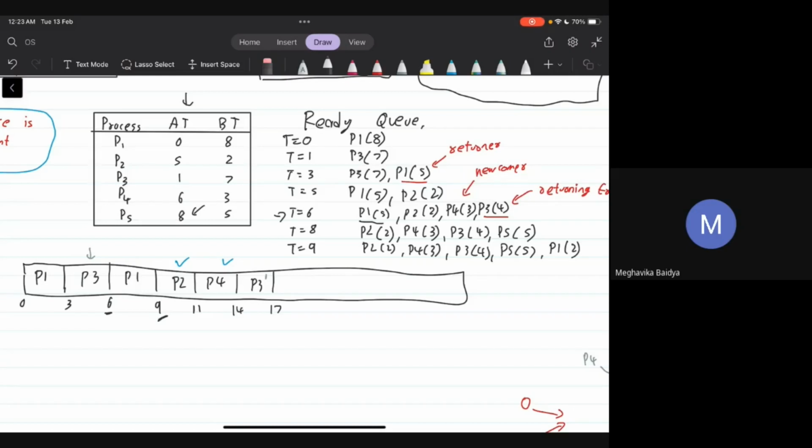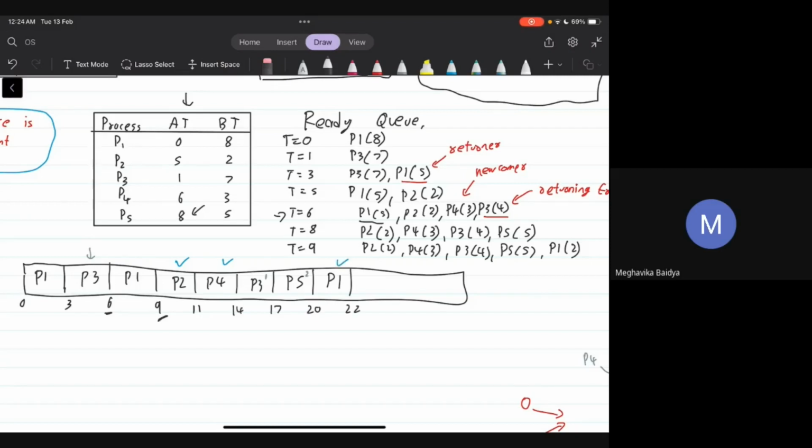Then we have P5. P5 will execute for 3 again, so this becomes 20, and since P5 had a burst time of 5, 2 will be left. Then P1 will be executed; it has 2, so 20 plus 2 is 22, and P1 is also done.